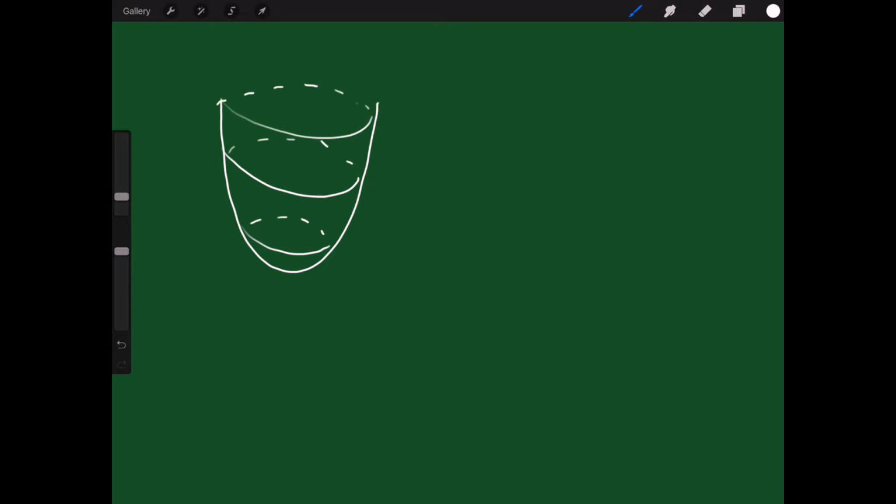Let's say that I have some surface. Let's draw a paraboloid, and let's take a point on that paraboloid. Now, it's not really enough anymore to talk about a tangent line at that point.